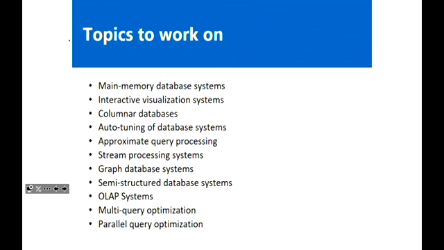So these are the topics listed. You guys need to be working on these topics. Select any one topic. If some group has already taken one topic, try to take a different perspective, and then discuss that.